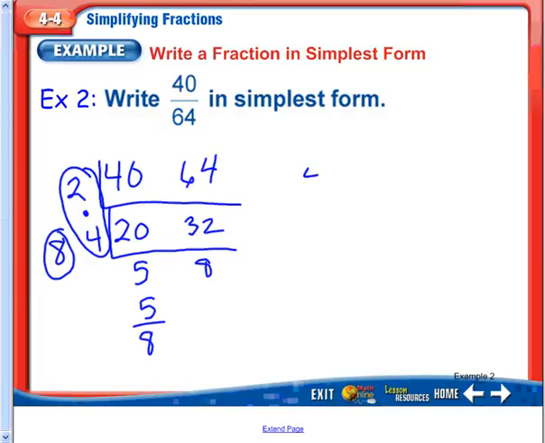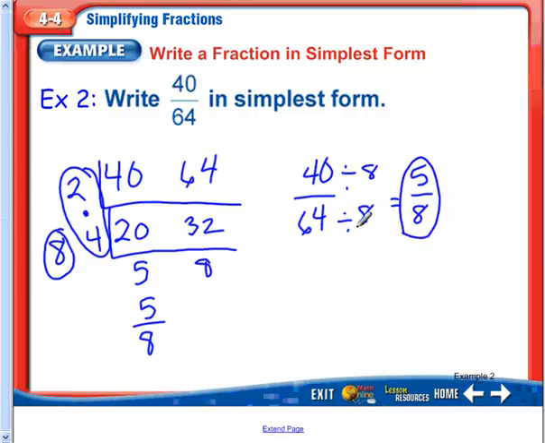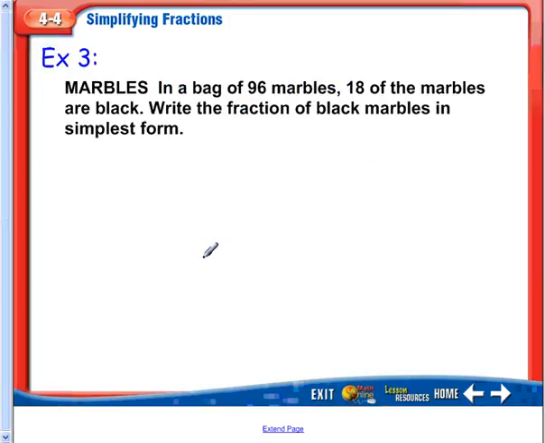Again, if you knew that 8 was the greatest common factor right away, you could simply divide the numerator and denominator by 8 to get 5/8. But the reason the L method works well is because if we don't know the greatest common factor right away, this allows us to work all the way through and get our simplest form.